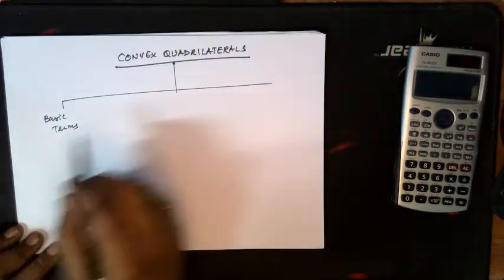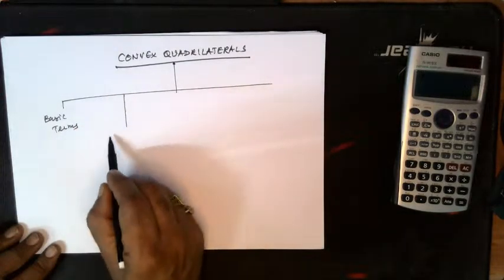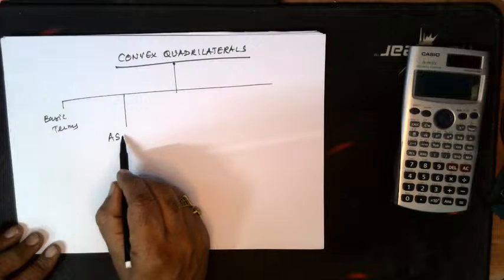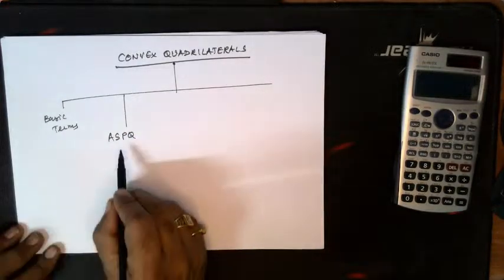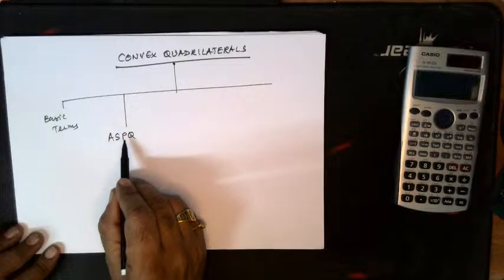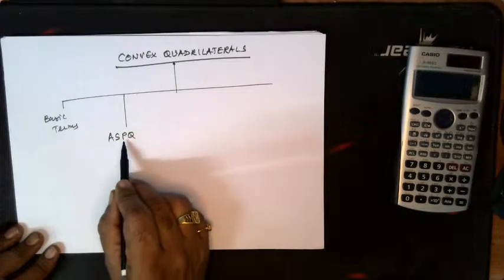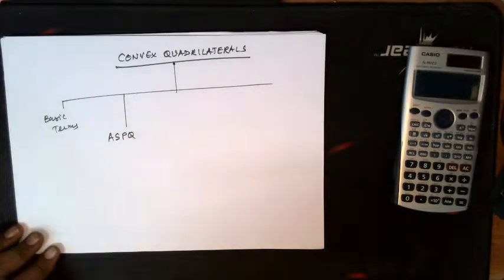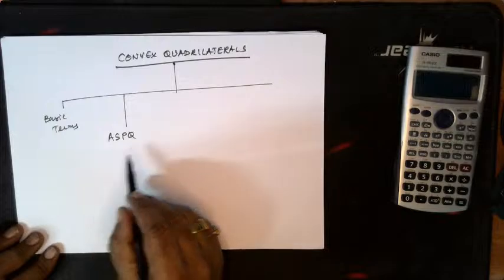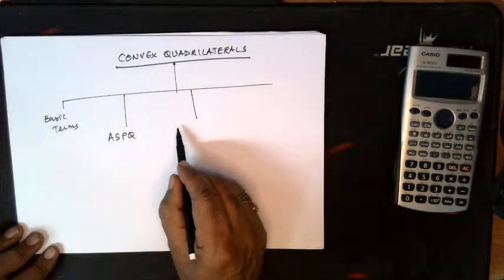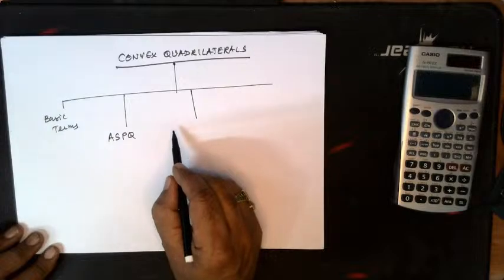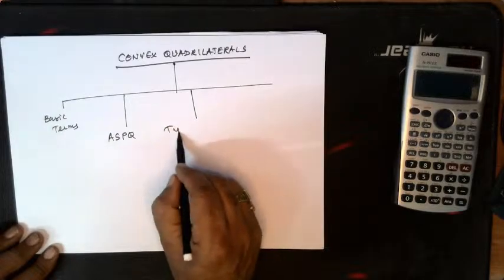Then we will discuss the angle sum property of a quadrilateral, the angle sum property of quadrilaterals. Then we will discuss the different types of quadrilaterals.